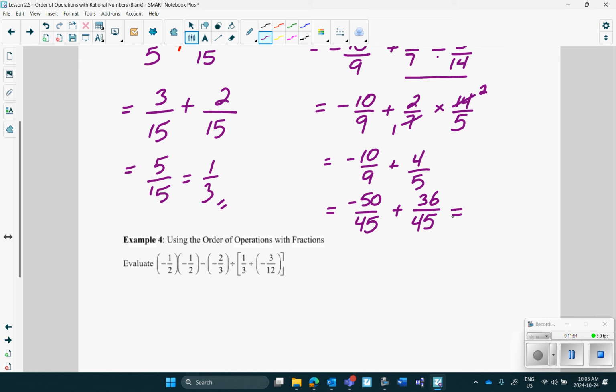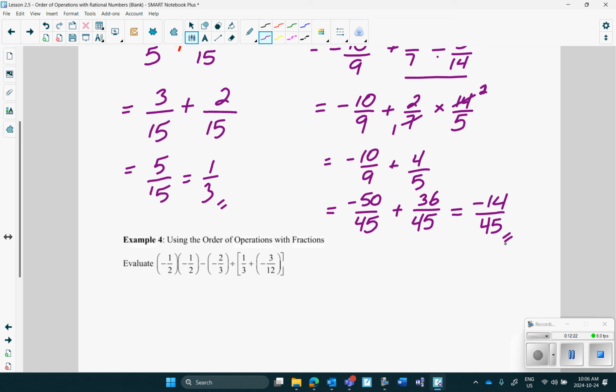And now I can add those together, keep the denominator the same. Watch, remember, it's -50 plus 36, not 50 plus 36. So you should get -14 over 45, which can't be reduced. We're done.